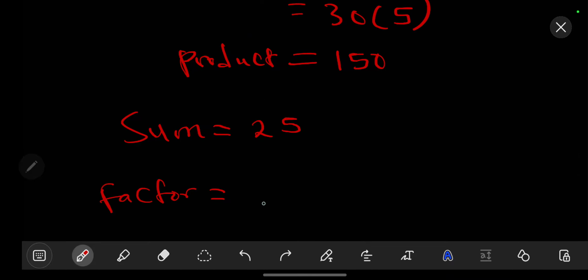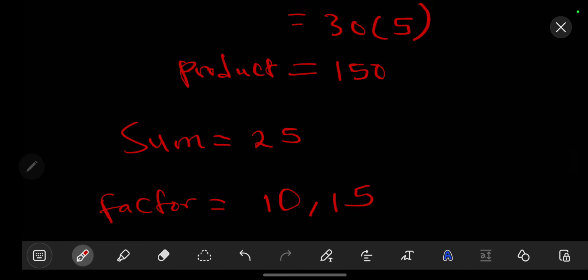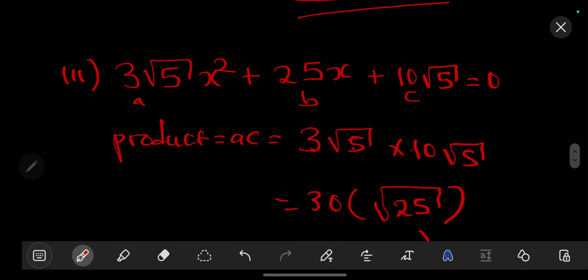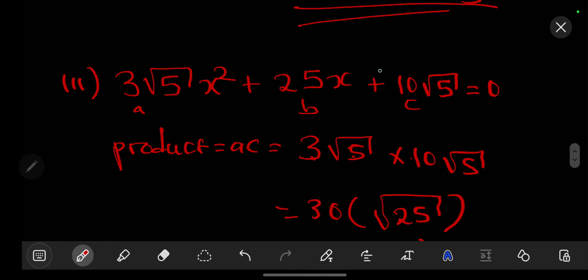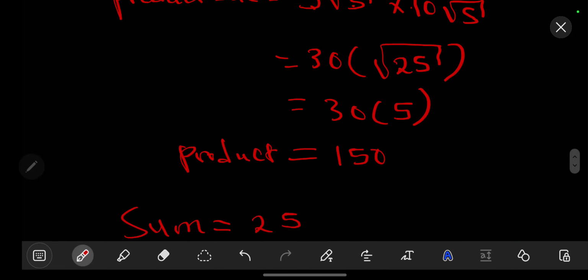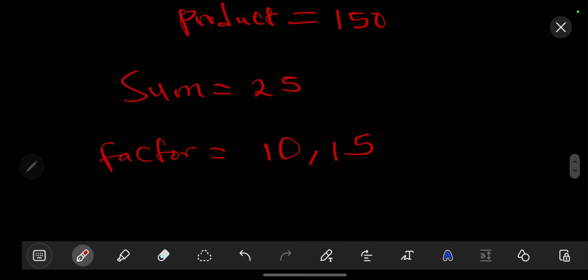So in this case, we are going to have two numbers. If you have 10 and 15, if I add 10 plus 15, it's 25. If I multiply them, that's 150, like that. So since the 10 is here, let me interchange the factors so that it's much easier to multiply, but it will still give you the same answer.